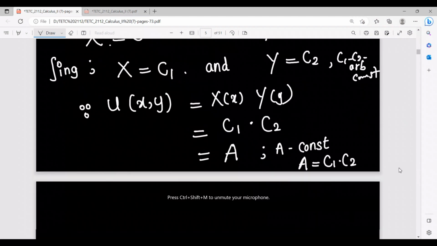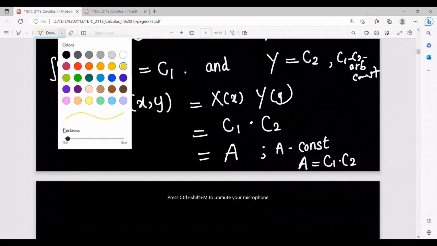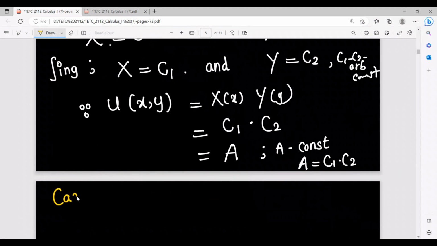Now we are going to move to the second case. Case 2. We are assuming this capital C is a positive value.